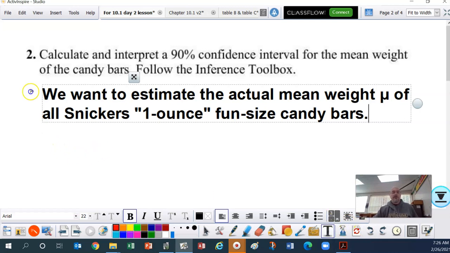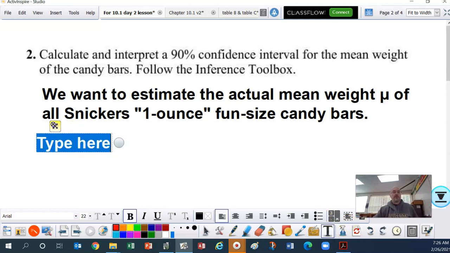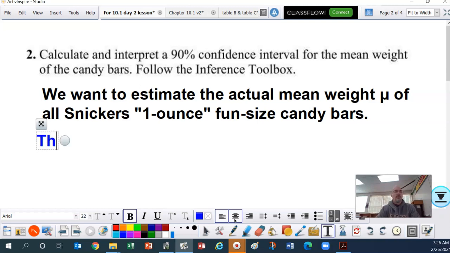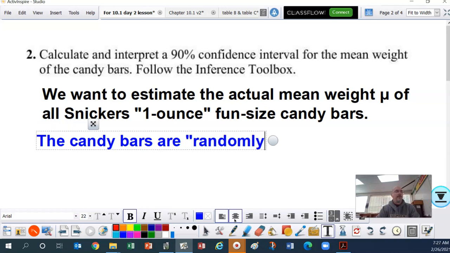Okay, step number 2. First of all, we're going to check the simple random sample. If we look at the problem again, it does state, ladies and gentlemen, the candy bars are randomly selected.